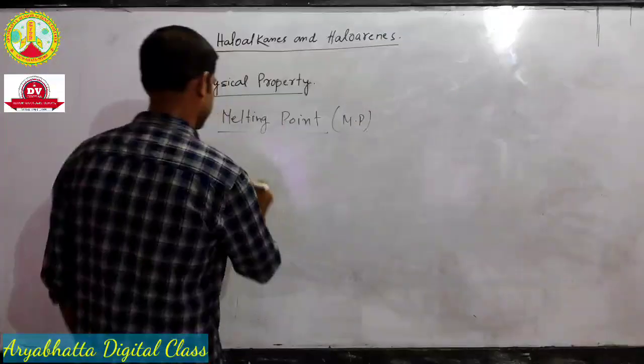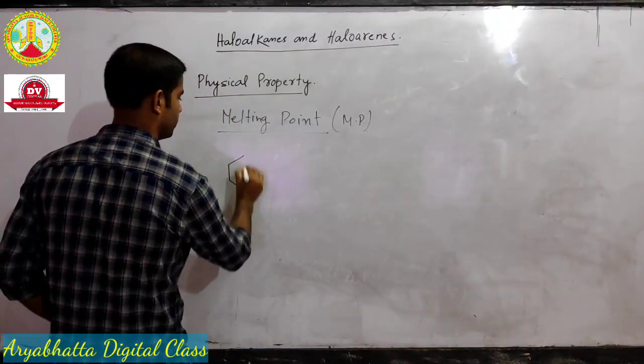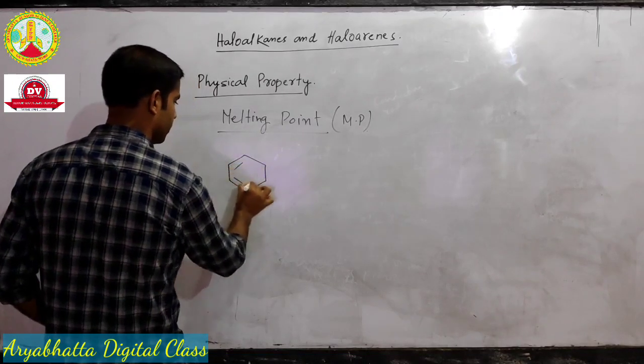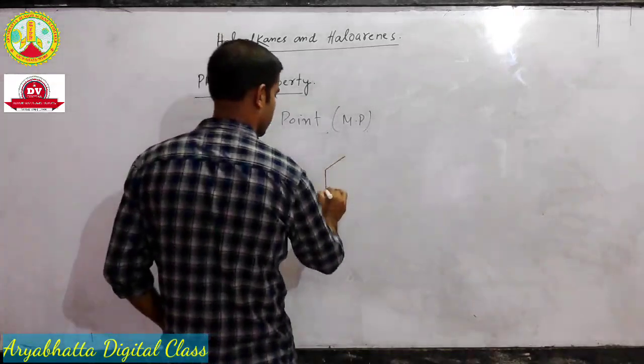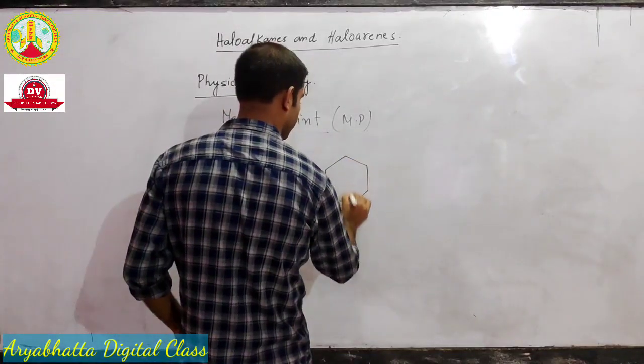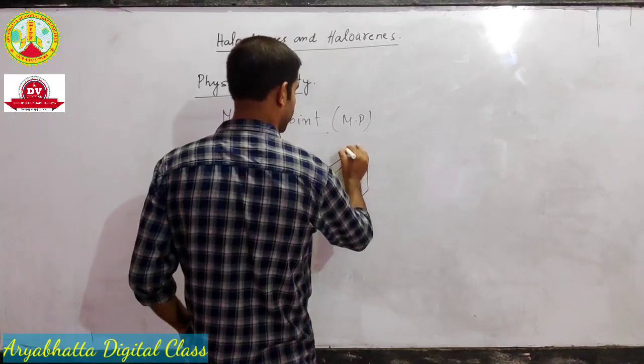So let's check. Suppose we have 3 different types of disubstituted chlorobenzene.